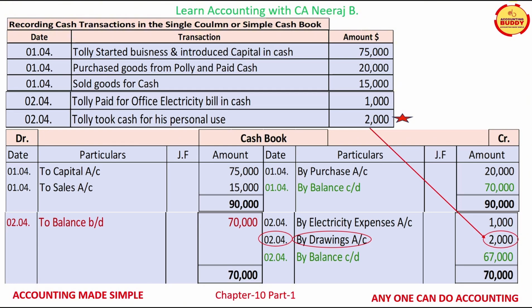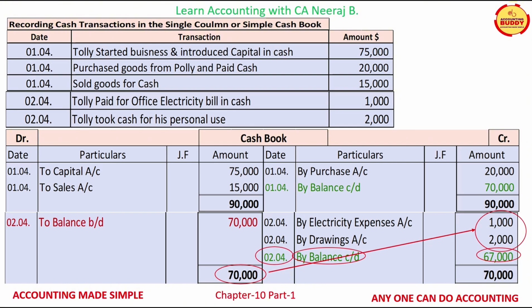Now when from the total of left hand debit side, the total of all the transactions on the right hand credit side of the cash book is deducted, we are left with a balance of $67,000, which will be shown on the right hand credit side of the cash book by writing the words by balance carried down at the end of the day of 2nd April.